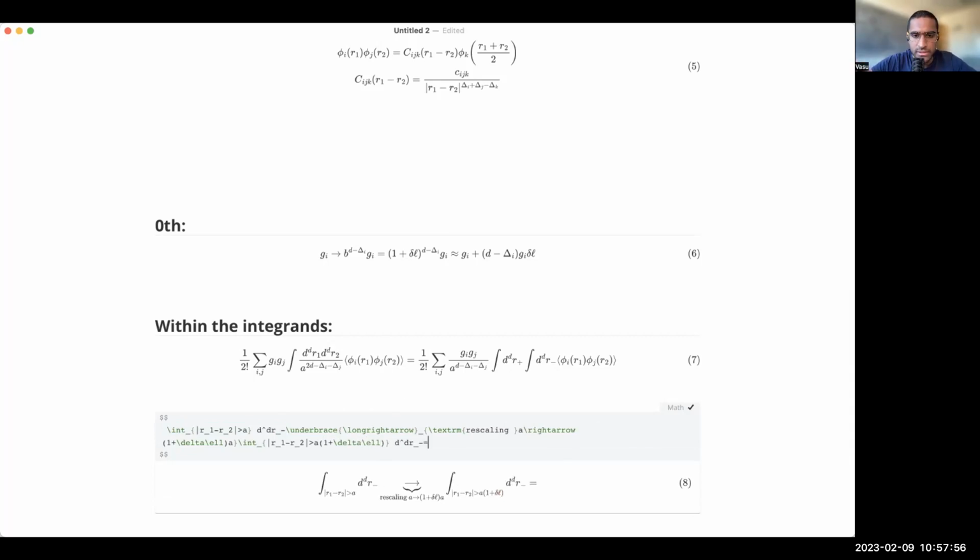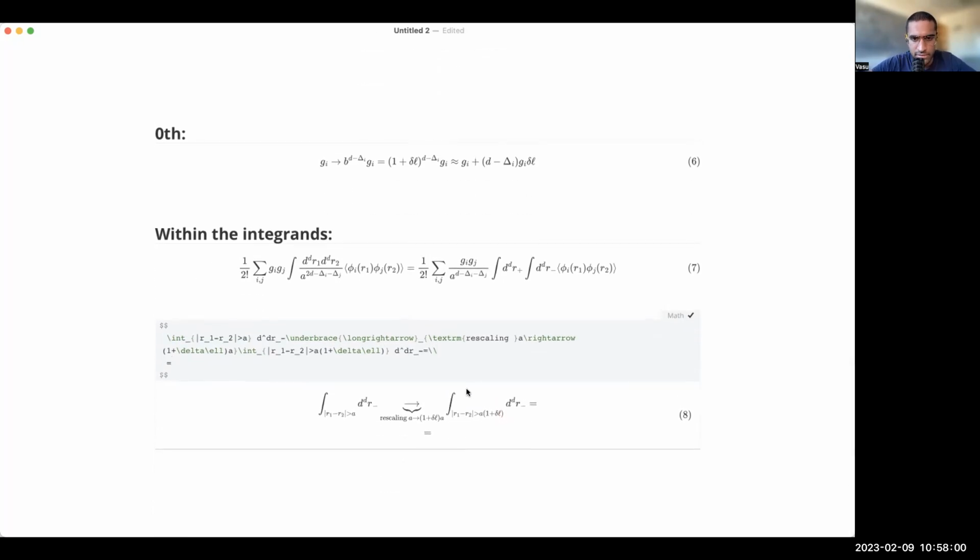And what we're going to do is write this in the following manner. We're going to write this as first the original integral. So we have the original integral over the separation, minus we have a shell integral. So we have greater than a, but then we have a times 1 plus delta L greater than this. Right. Is that correct? Yes.